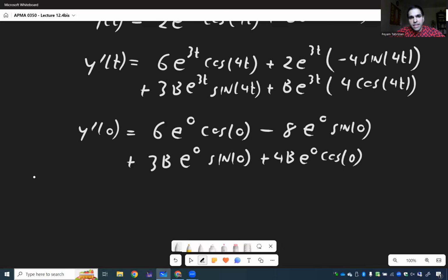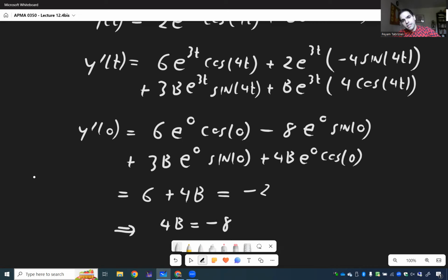And after the dust has cleared, we just get 6 plus 4b. 4b, or like Furby, but with constants. Now, y prime of 0 was minus 2. And so we get 4b is minus 8. And so b is minus 2.